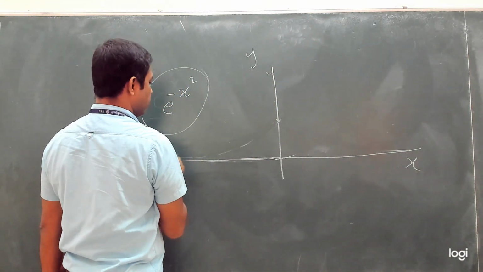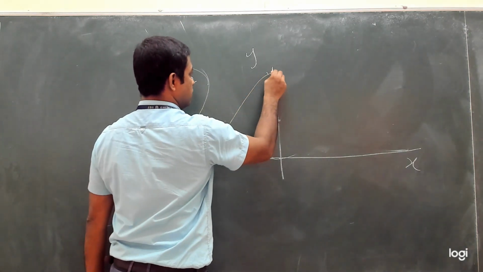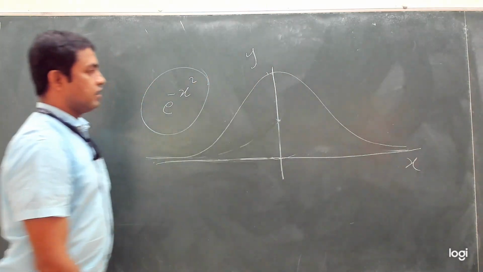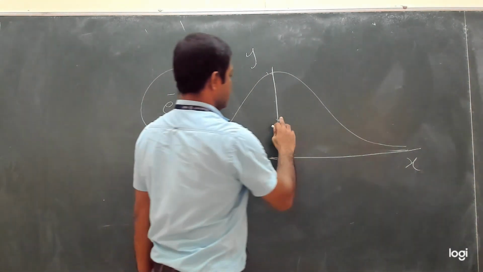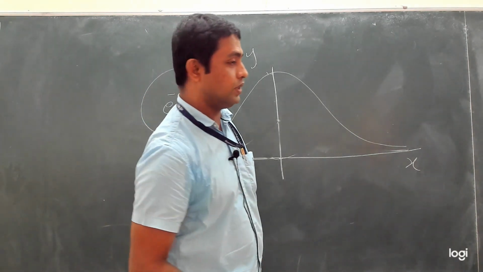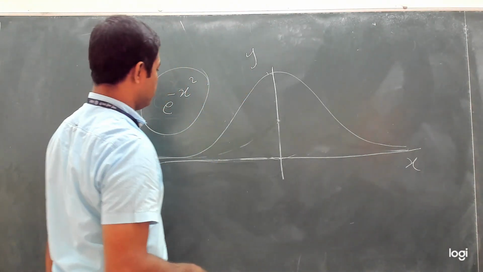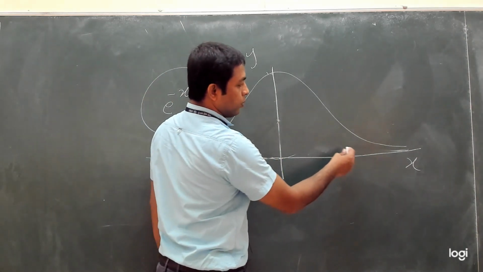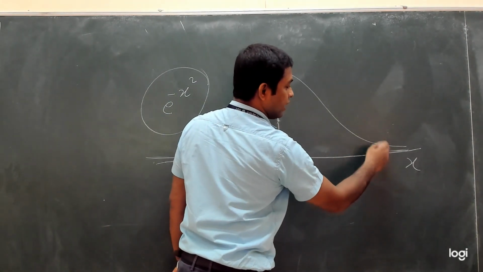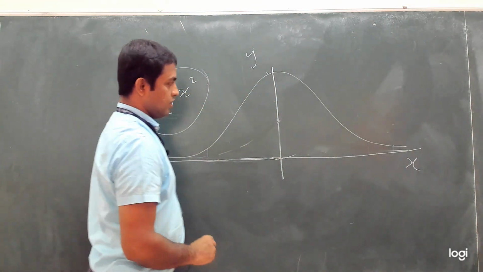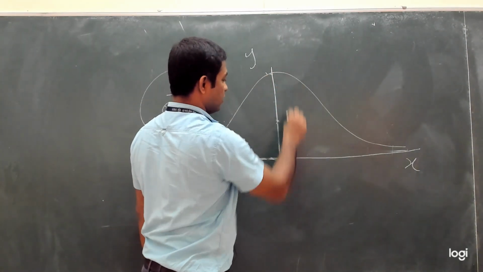So this is a Gaussian function. You know that it appears at so many places. If you are in a large class, the grade distribution will be like a Gaussian distribution, or normal distribution. Very few people get S grade, very few people actually fail, and most of the people will be around the average.